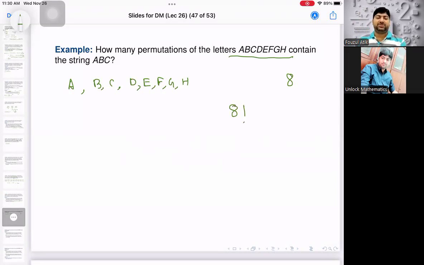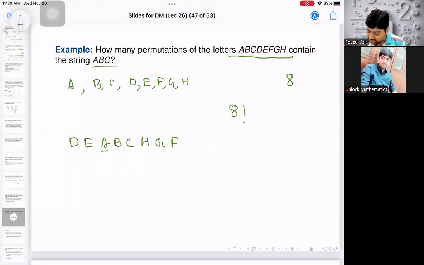But here the question is, how many permutations contain the string, the block ABC? That means, for example, I'm giving D, E, A, B, C, then H, G, F. This is a permutation, right?